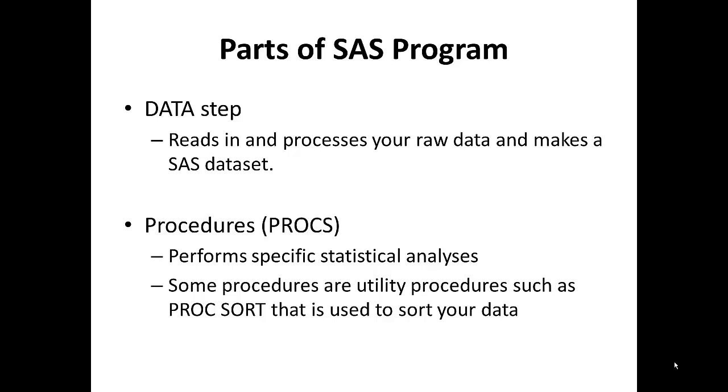This ranges from simple procedures that compute the average values of your numeric variables to procedures that perform analysis of variance. There are also a few procedures that perform some sort of utility, like sorting your data set. Your program will often have just one data step, but you may have several procedure calls.